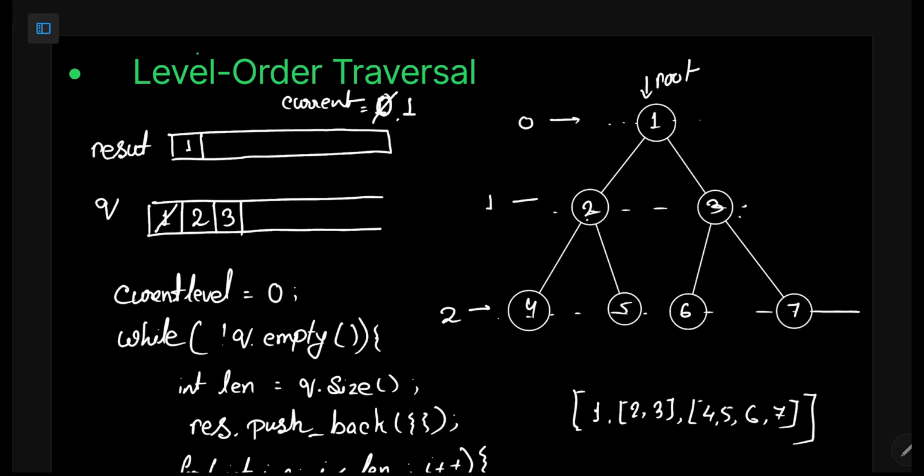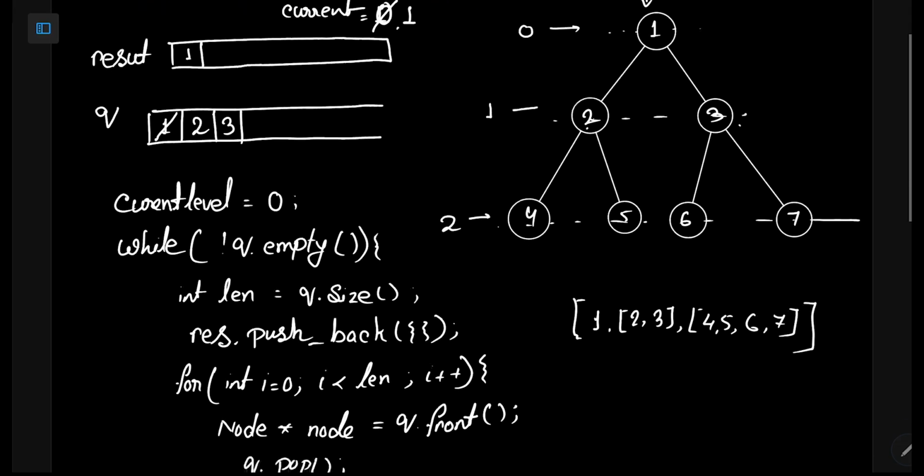It will check the length. Now the length of the queue is 2, so according to the length it will traverse.